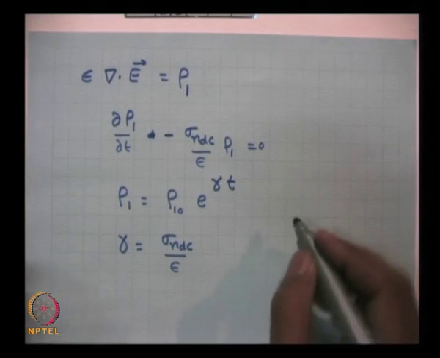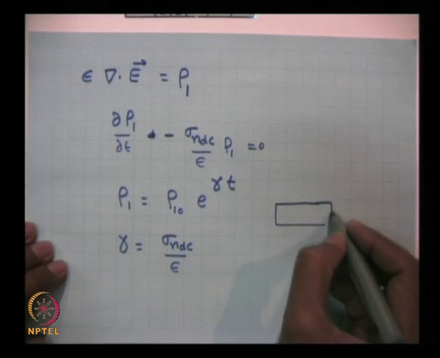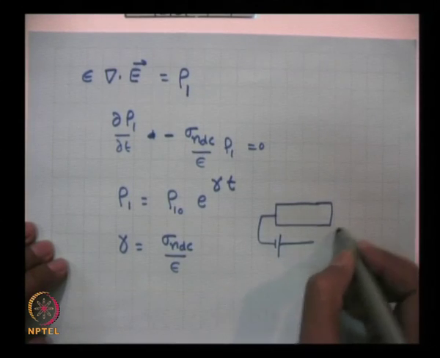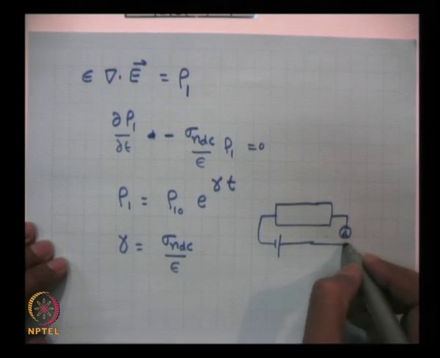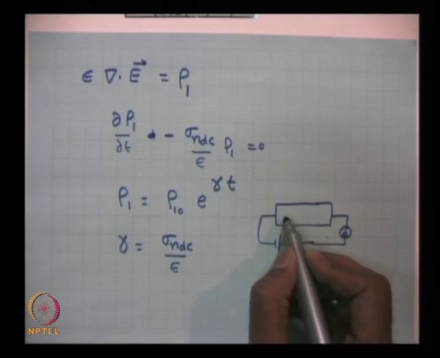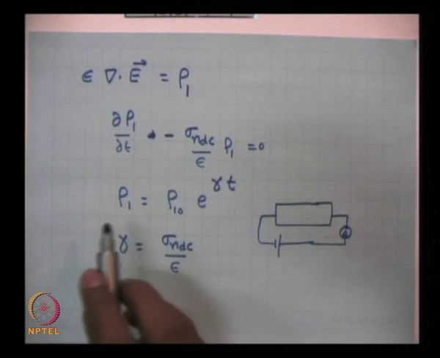What is happening in the semiconductor? Please examine this. You have a semiconductor like this, you are applying a DC voltage, and you have an ammeter here. So, what is happening? Somewhere some space charge is accumulating, density is increasing, it is a function of space.